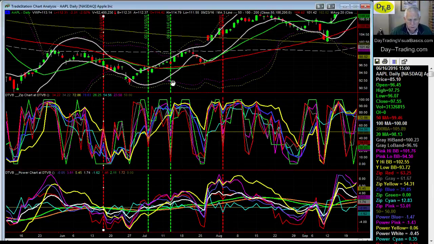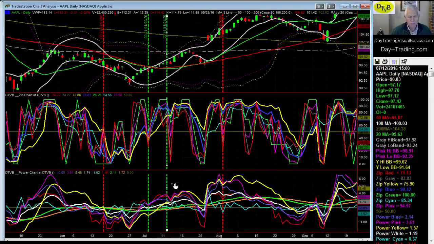I'm going to move this green line back over here to where I had it. When I'm looking in between the two green lines, we're looking at Zip Yellow and Power Yellow lowest and up.